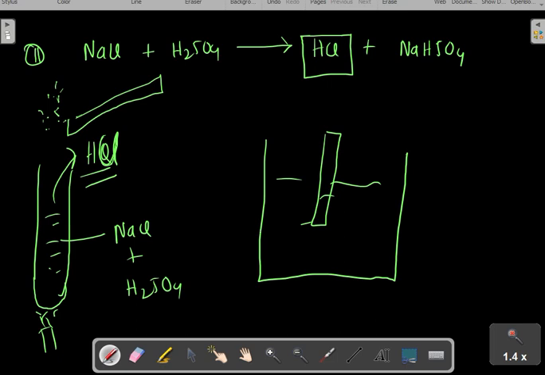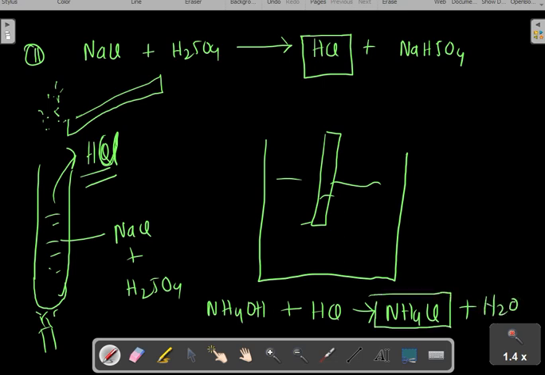You have the ammonia solution, NH4OH plus HCl, giving NH4Cl plus H2O. So NH4Cl will make the white dense fumes. So this was for the concentrated sulfuric acid.